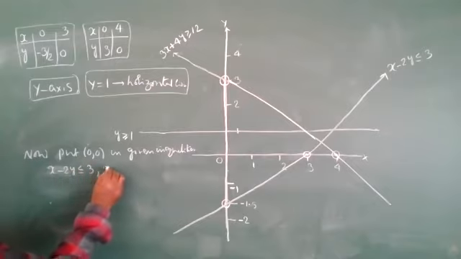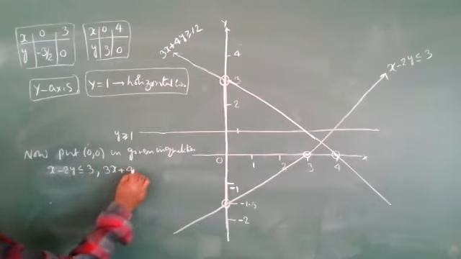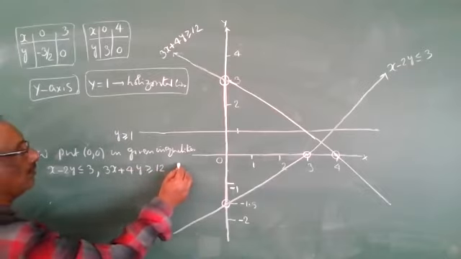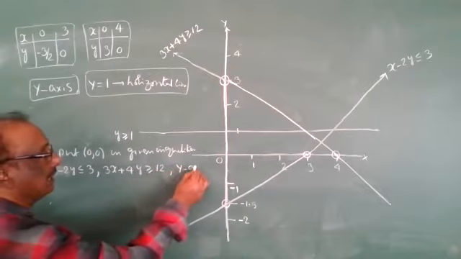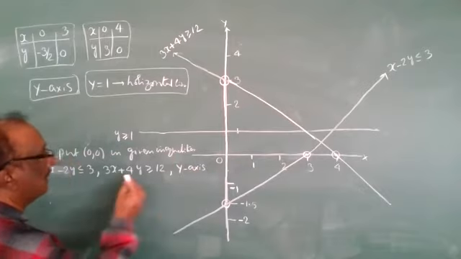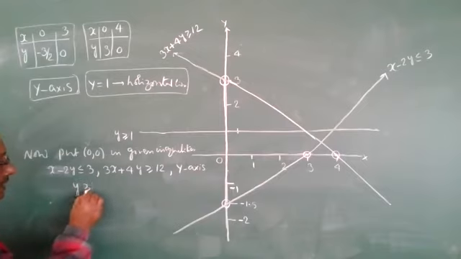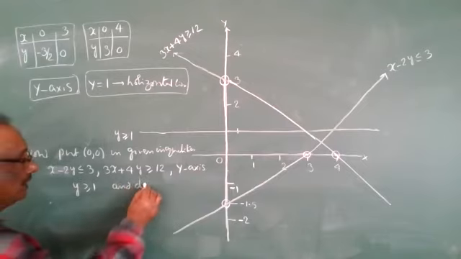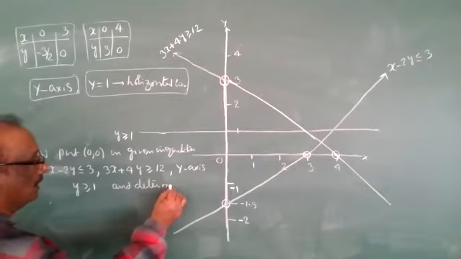One more equation is 3x plus 4y greater than or equal to 12. And x greater than 0 is the y-axis, and y is greater than or equal to 1. Write down that point completely.